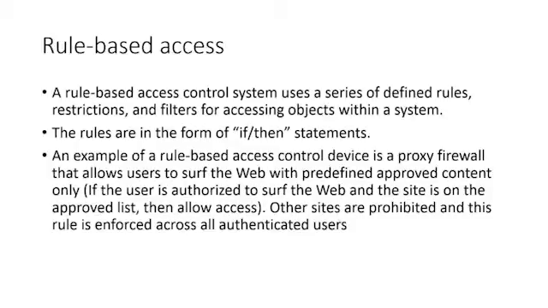And then we have rule-based access control. A rule-based access control system uses a series of defined rules, restrictions, or filters for accessing objects within a system. It's kind of like if-then statements, right? If this meets this criteria, then do this. So if the source or destination IP address equals this, then permit or deny.